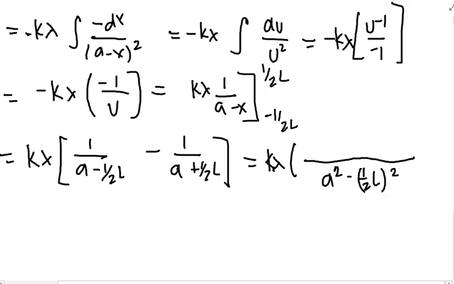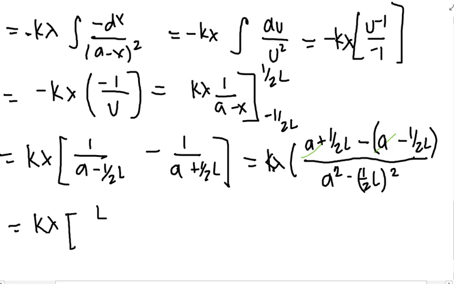Then at the numerator, we will have a plus 1 half L minus a minus 1 half L. Take note, we can easily cancel the a, and the 1 half L plus 1 half L will be L. So this will be simplified into k lambda times L all over a squared minus L over 2 squared.